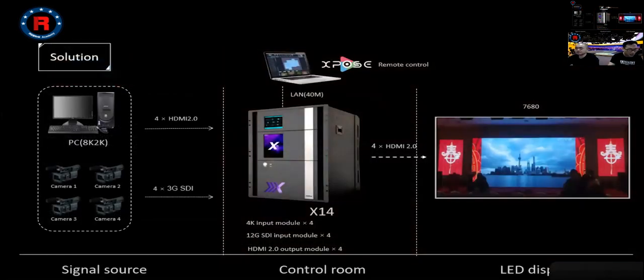So this is the case layout. In the signal source, there is one PC outputting 8K 2K contents via 4 HDMI 2.0 outputs. It means it needs two 4K output modules on X40. Also there are 4 cameras with 2K contents via 3G SDI output interface.